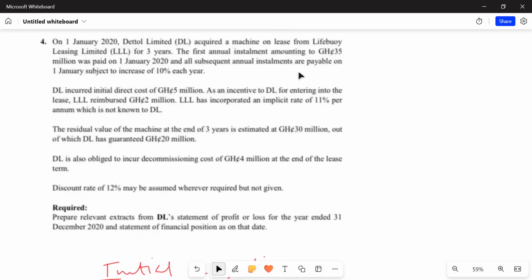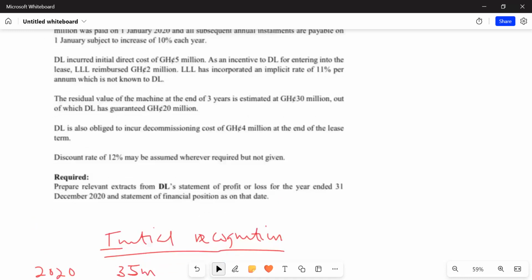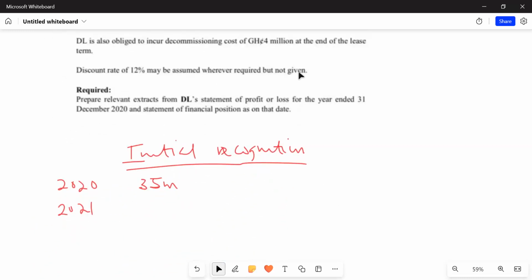The first annual installment amounting to 35 million was paid on 1st January 2020. That is the date of the agreement. All subsequent annual installments are payable on 1st January, subject to an increase of 10% each year. So 2021, how much are we going to pay? 38.5 million.